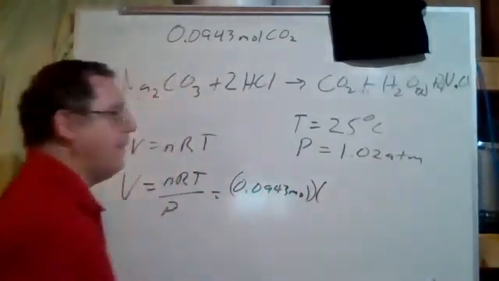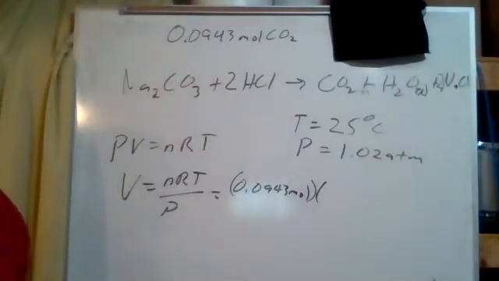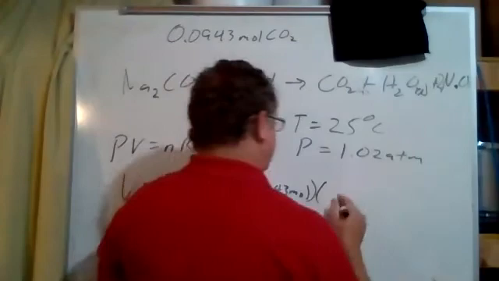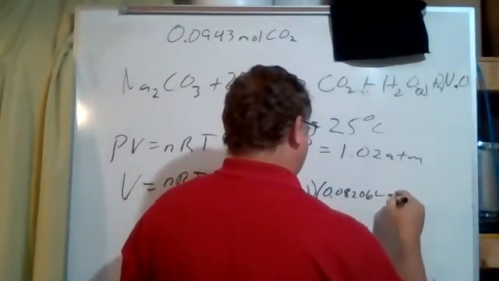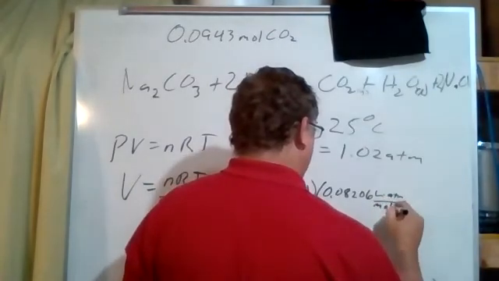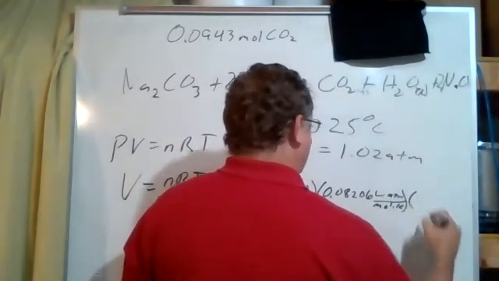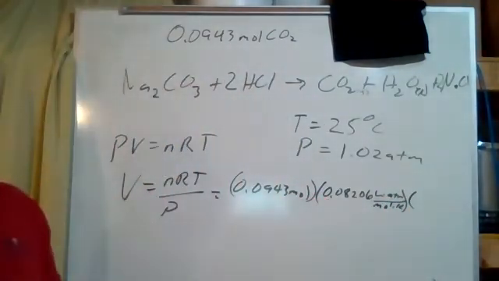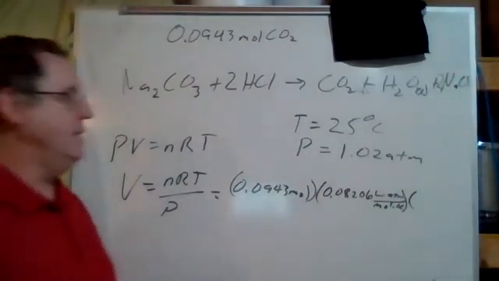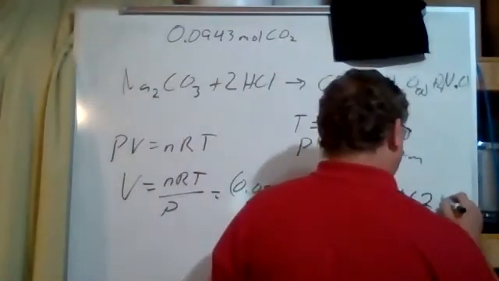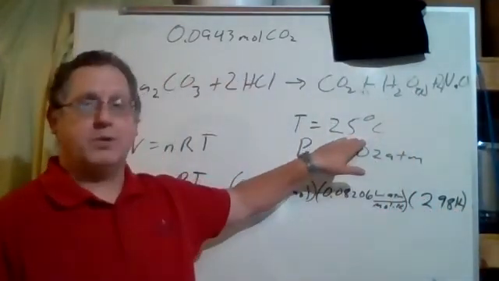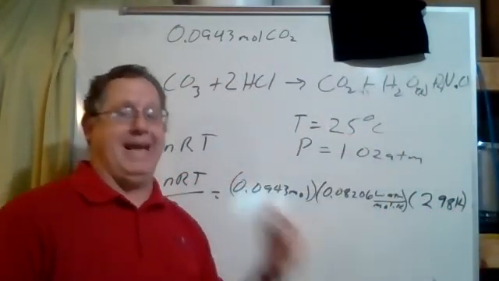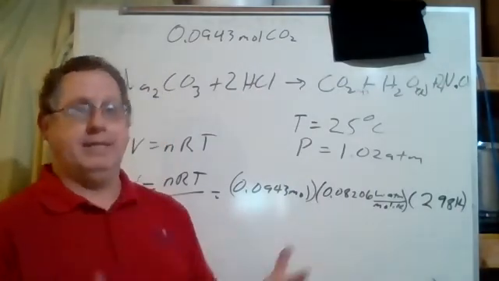Now I just solve for my moles, 0.0943 moles. My R, I could use the 8.314, or this is in atmospheres, 0.08206 liter atmospheres per mole Kelvin. And my temperature, 25 degrees Celsius, gives me 298 Kelvin. Yes, 25 degrees Celsius has 2 significant figures, but when I add 273 to it, that's addition.